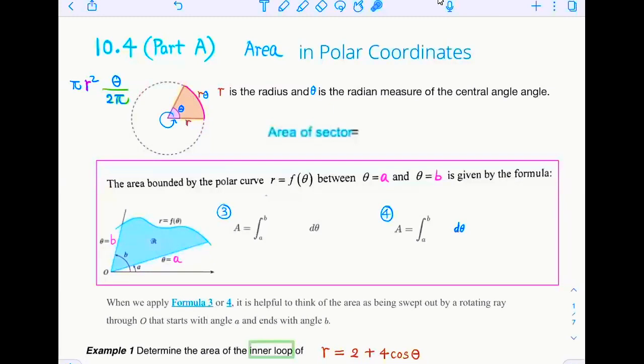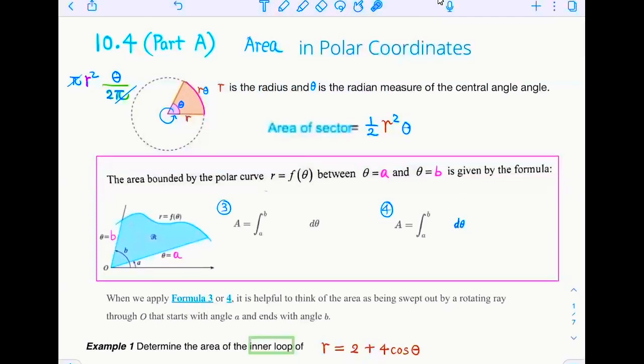So we'll use theta divided by 2 pi times the total area. That will give us the area of this sector. As you can see, the pi is going to divide out, giving you 1/2 r squared theta. So the area of a sector that is part of a circle with radius r and center angle theta is 1/2 r squared theta.